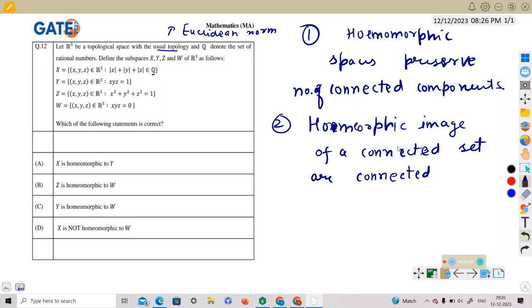This is what this means. So we are going to use these two properties.